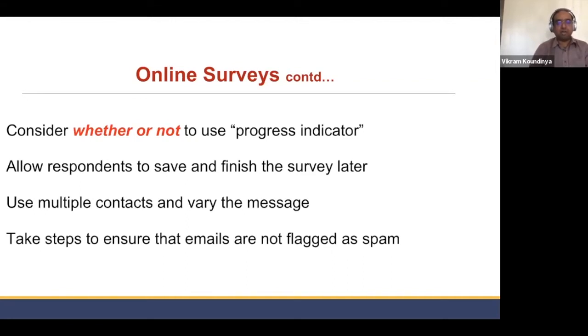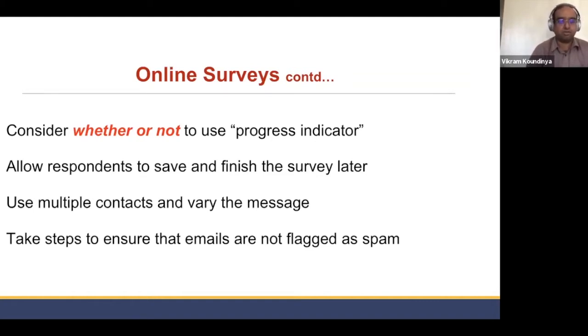And always consider using multiple contacts and vary the message with each contact. The subject line has to be different, like requesting their participation. And have at least 4 contacts unless your study has a unique situation where you may not want to follow up with the non-respondents.